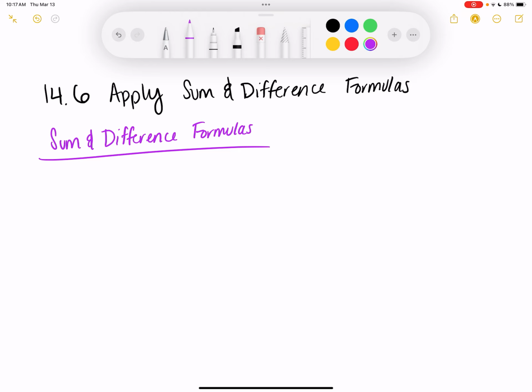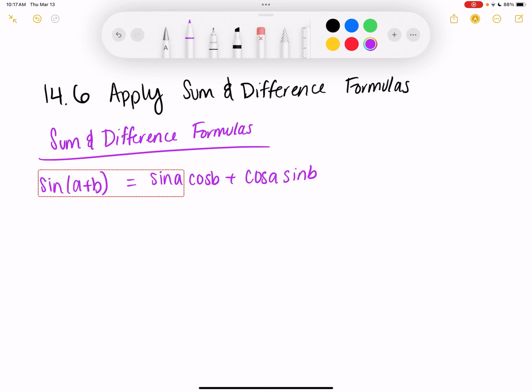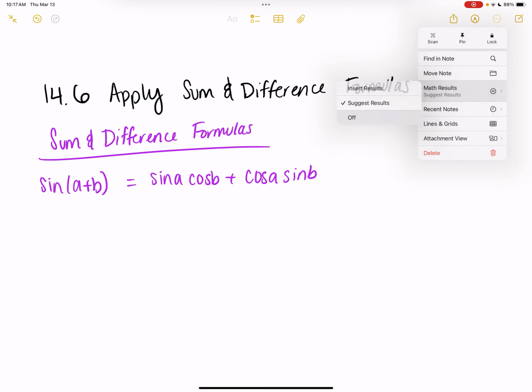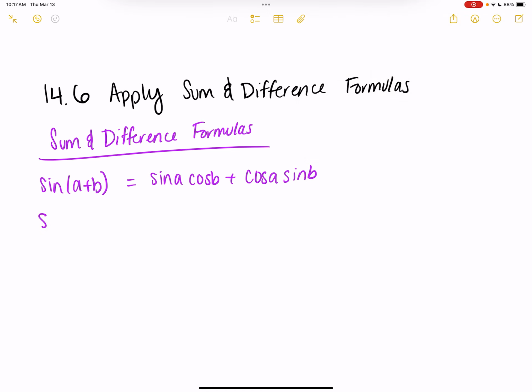Okay, sum and difference formulas. The sine of a plus b is equal to the sine of a cosine of b plus the cosine of a sine of b. The sine of a minus b is sine of a cosine b minus cosine a sine b.